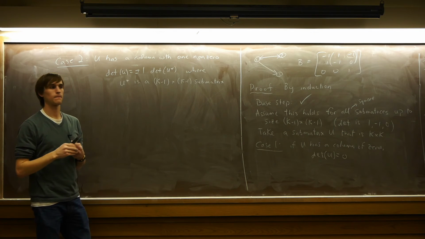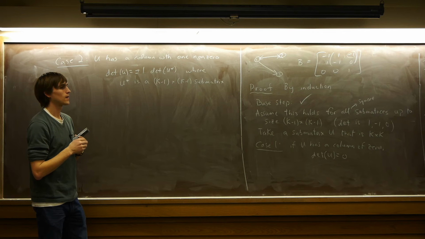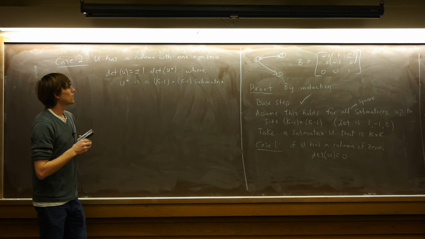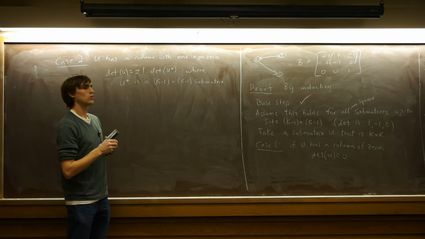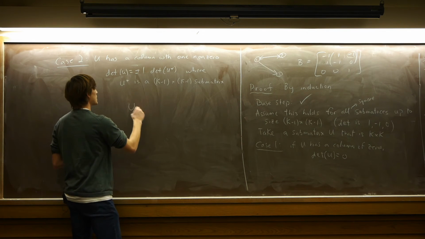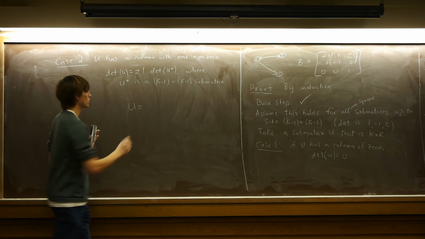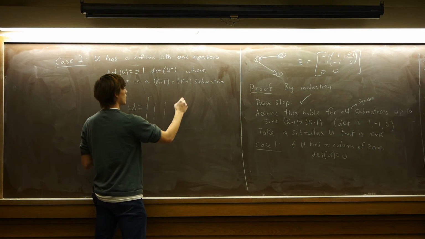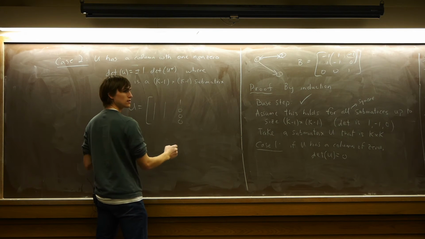Yes, Kyle. So the column you're talking about here is the one you just added to the k minus 1 by k minus 1 matrix, right? Right, so what I'm saying is I've chosen some U, and somewhere in here I find a column that looks like this.